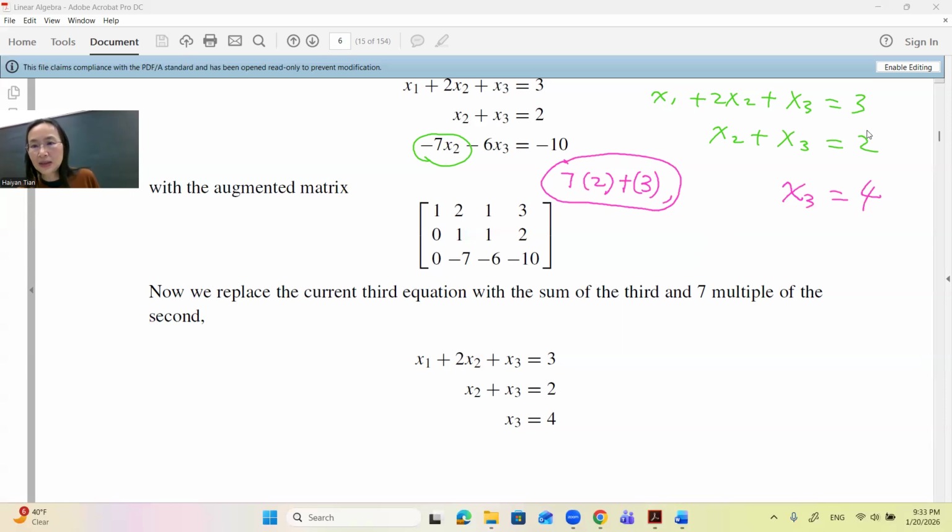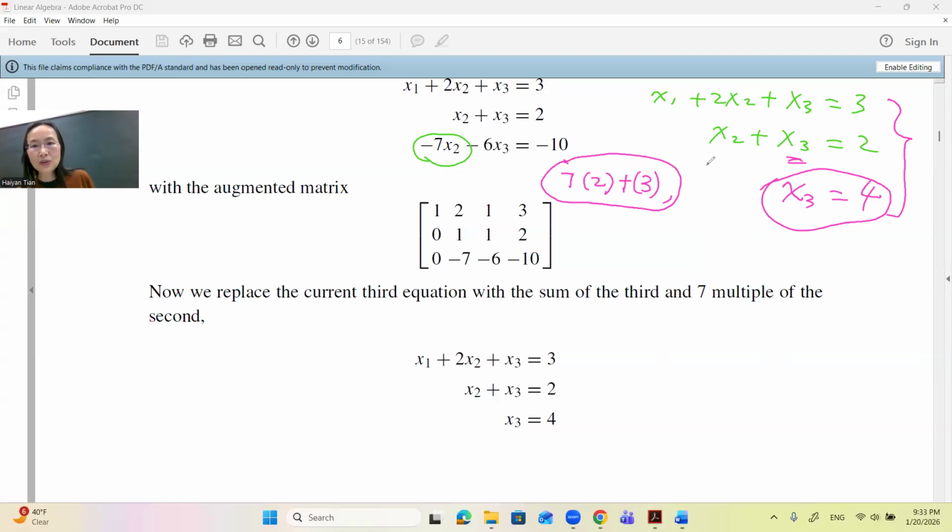Yes. And this is the equation system we can solve, because the value for x3 is obvious from the third equation. Once you know x3, you can put it into the second equation and get x2. So do the backward substitution.